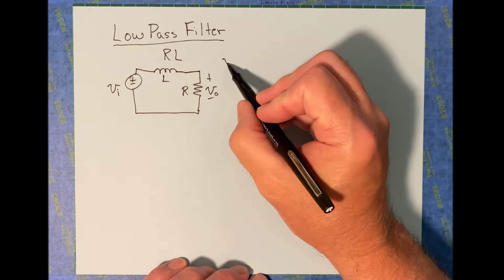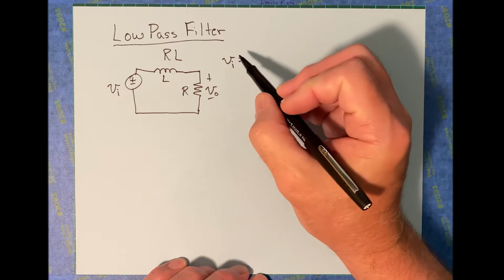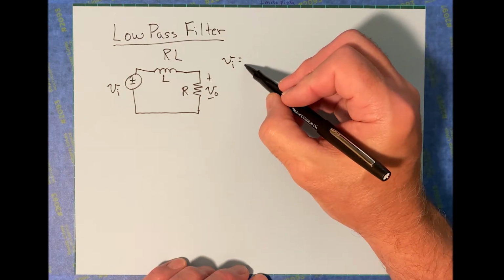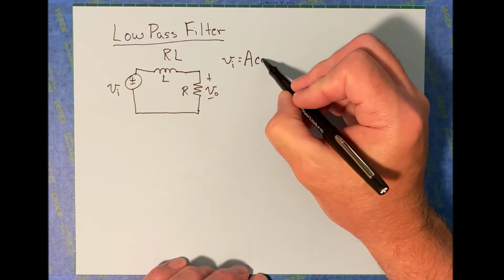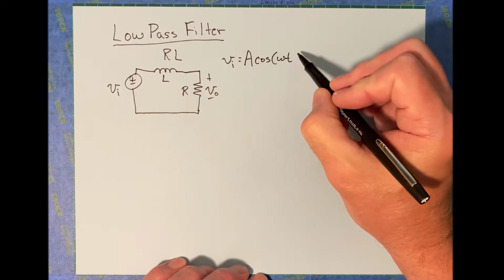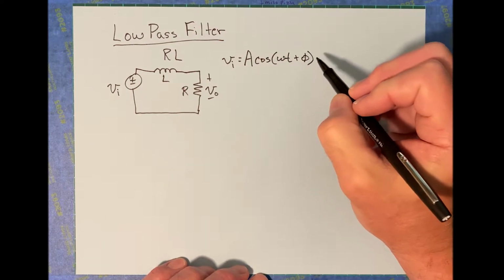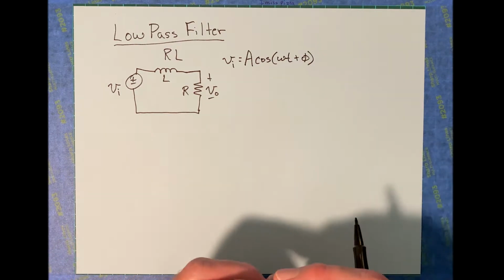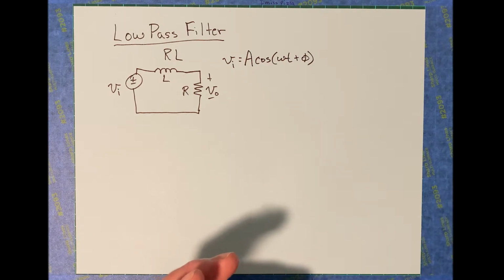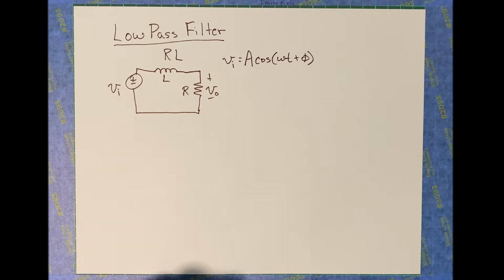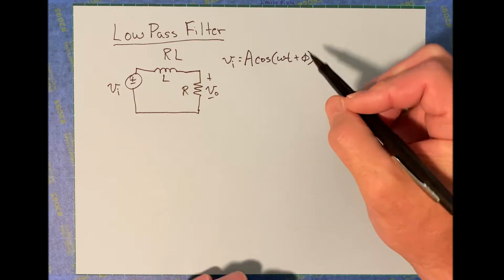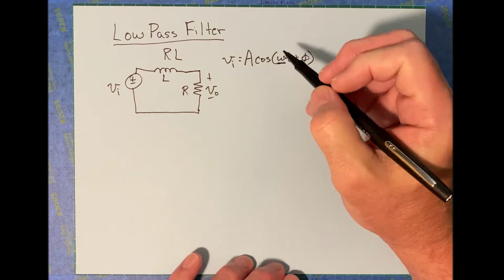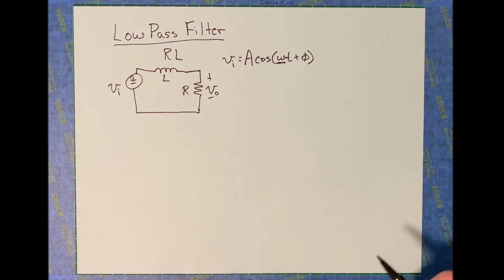Now the input voltage, V sub I, is going to be our typical sinusoidal source, so a cosine of omega t plus some phase angle phi. Now, if we were building this with bench instruments, or perhaps simulating it in software, then you would choose a source that has a changeable angular frequency. So the omega could sweep some range.